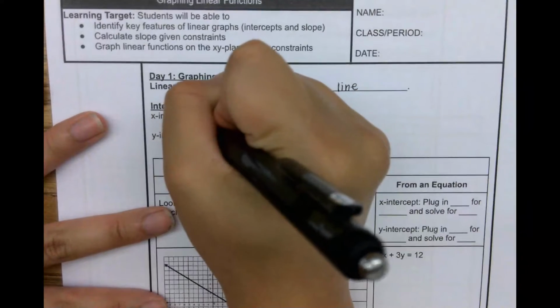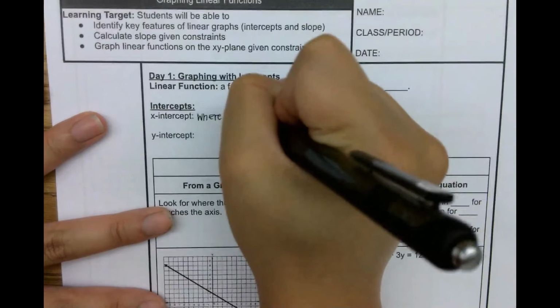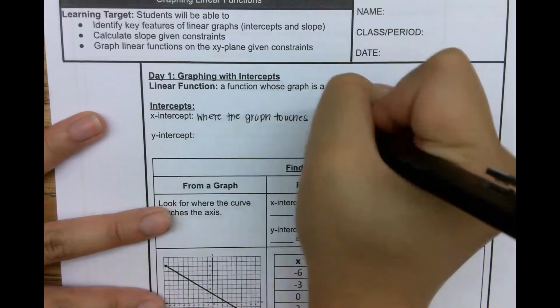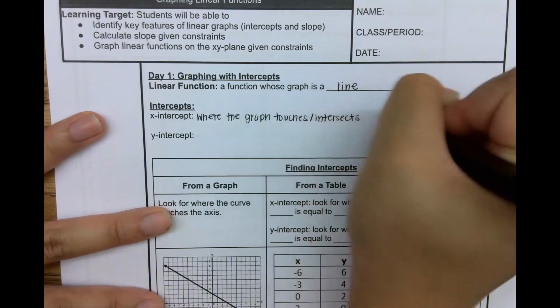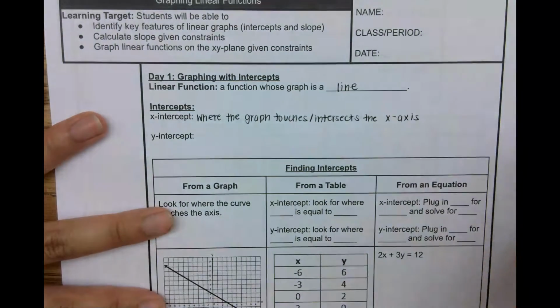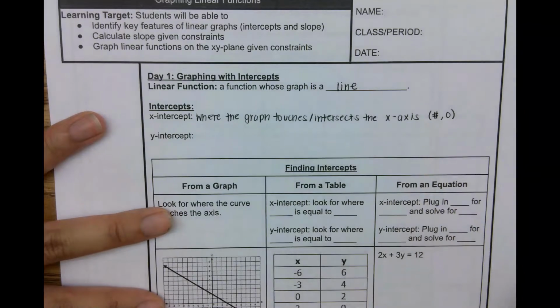An x-intercept is where the graph touches or intersects the x-axis. When we write it as an ordered pair, it is written as a number, comma, 0.